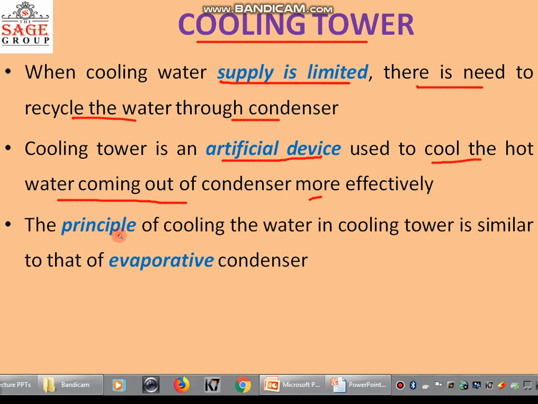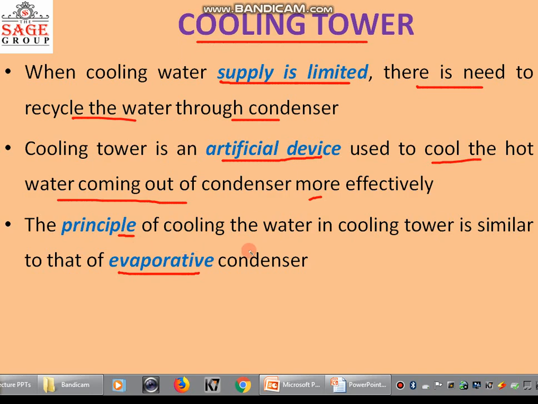The principle of cooling tower in the cooling water is similar to that of the evaporative condenser. What is the evaporative condenser? When evaporation occurs, the water is converted into steam, which requires some amount of heat taken from the water, so the water cools.